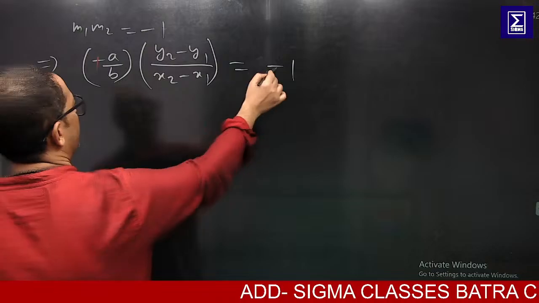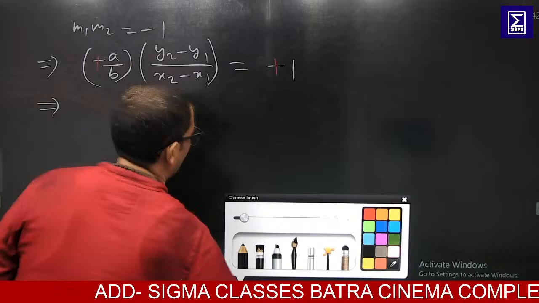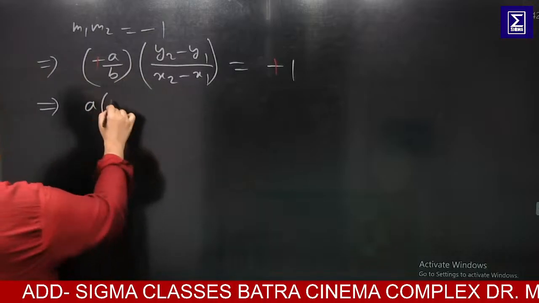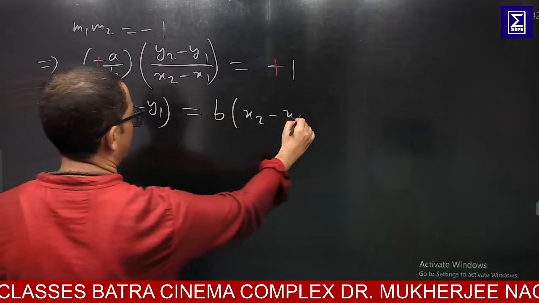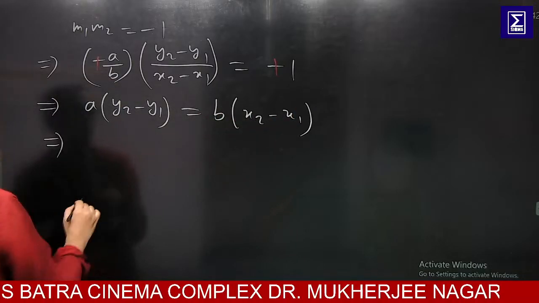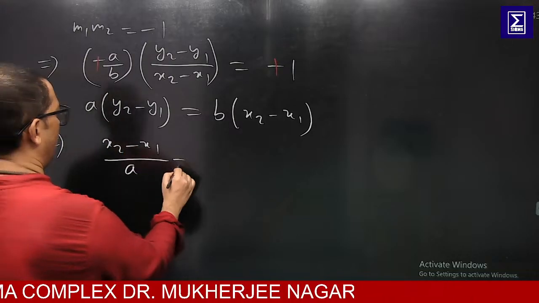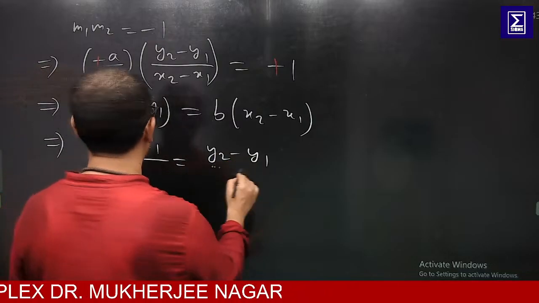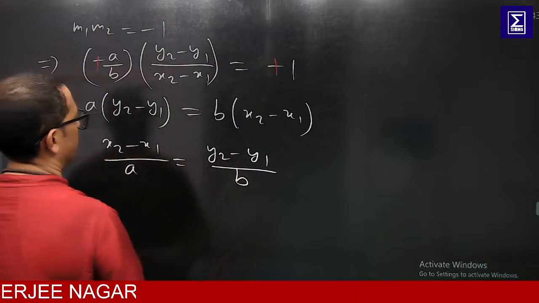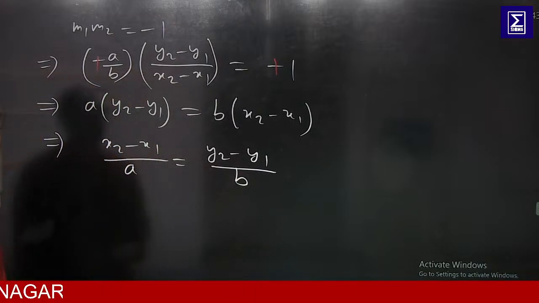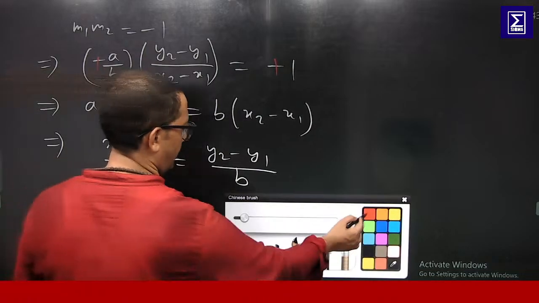So we are left with a times y2 minus y1 is equal to b times x2 minus x1. So it would be x2 minus x1 upon a is equal to y2 minus y1 upon b. So this is the relation we got here.